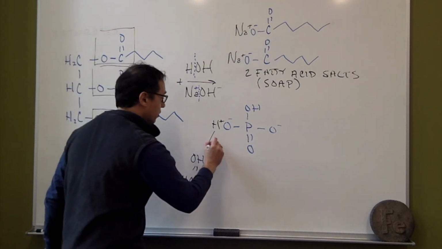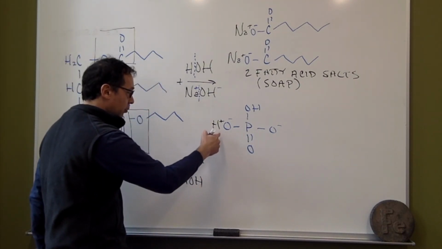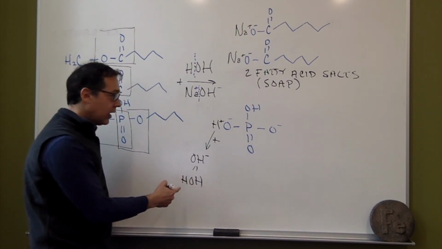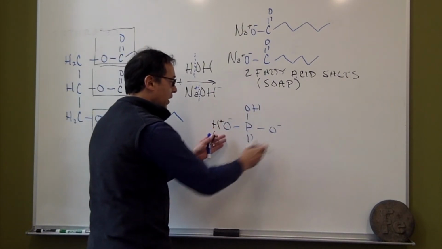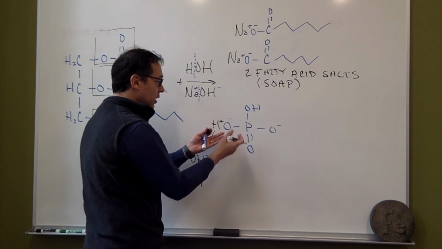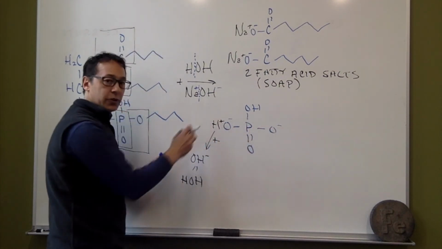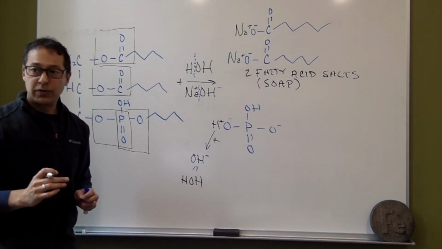So this plus this equals water. And that's why this phosphate group ends up with just the oxygens on either end there. Those hydrogens would get removed.